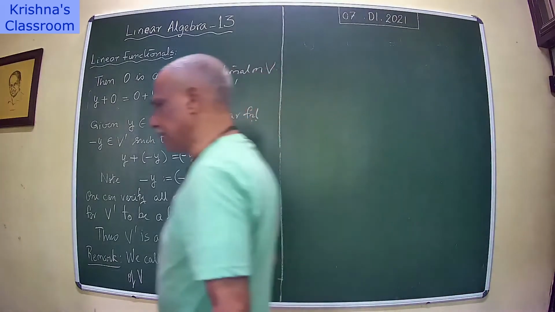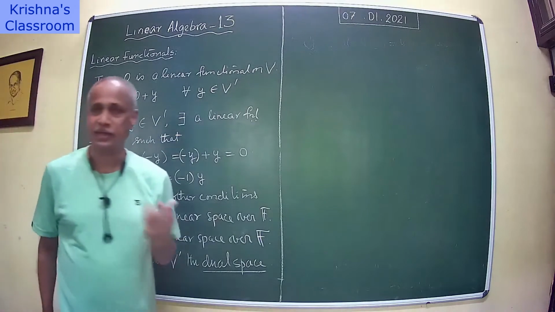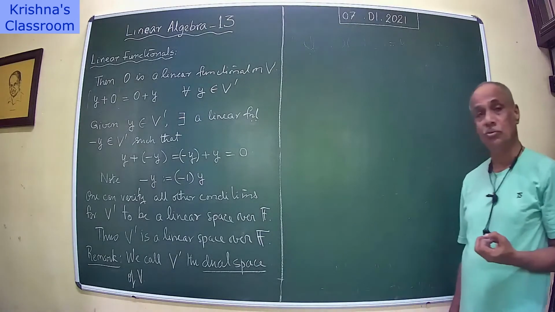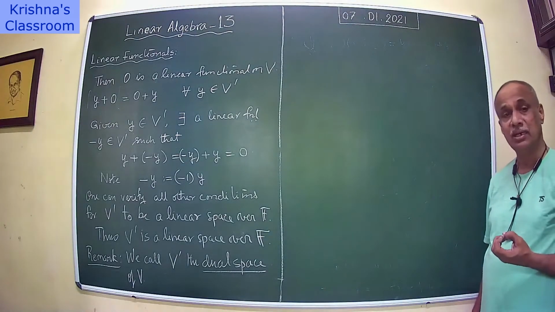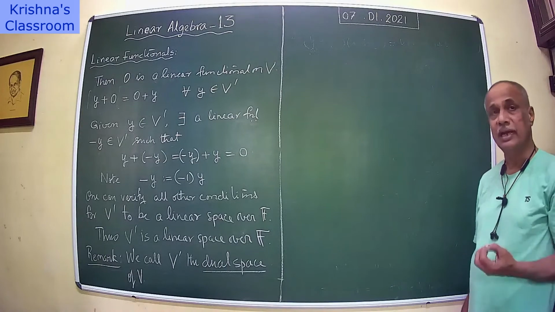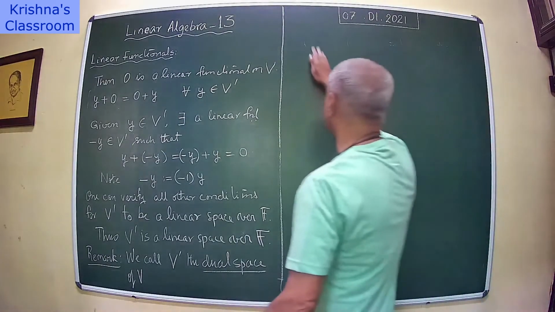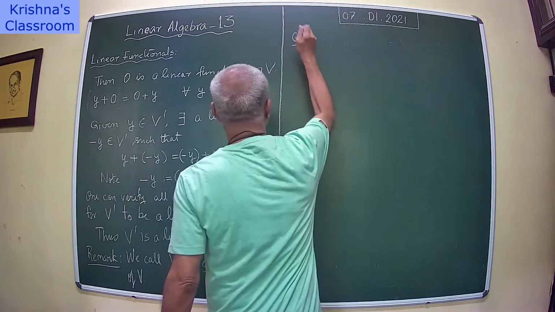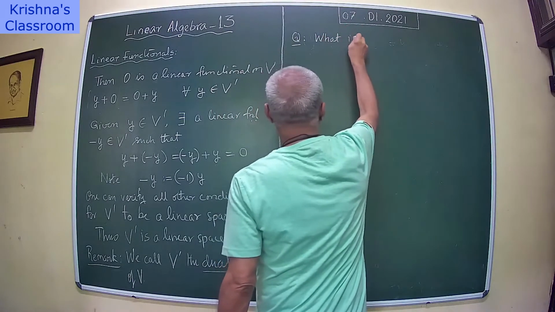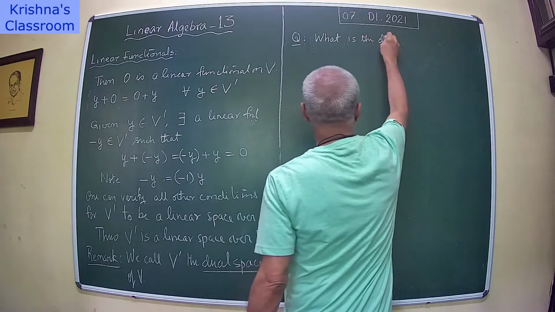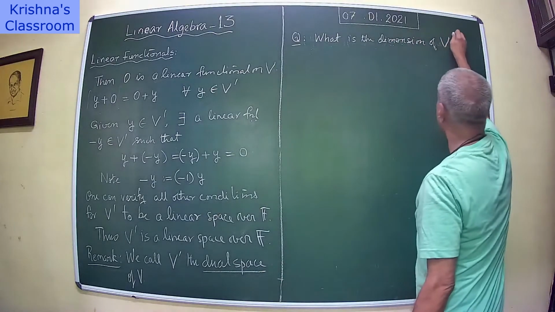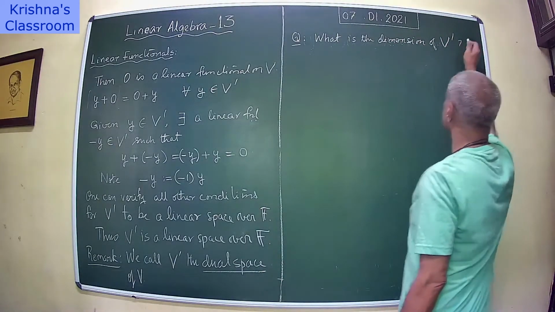This is a linear space that has come out of B, or is very closely related to B. Therefore, you would also like to ask how the dimension of this is related to the dimension of B. So there are two questions.